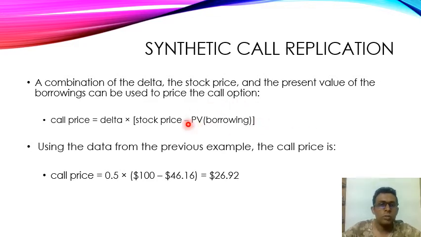So if you have the stock price and delta, we can easily calculate the call price. Here 0.5 into 100 minus the present value of borrowing, that is 50 in the previous example, and the present value of 50 after 1 year at rate 0.08, that is 8%, is 46.16. So we get the call price as 26.92. That's what is said in synthetic call replication.